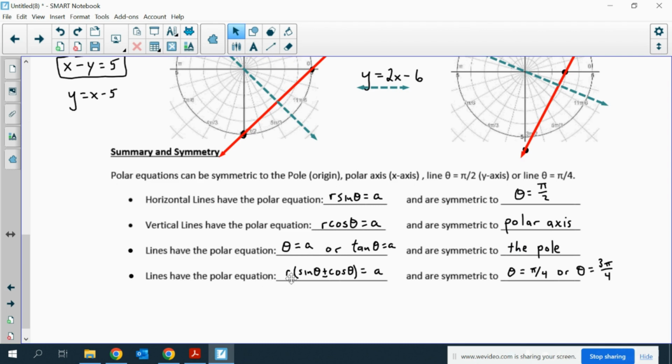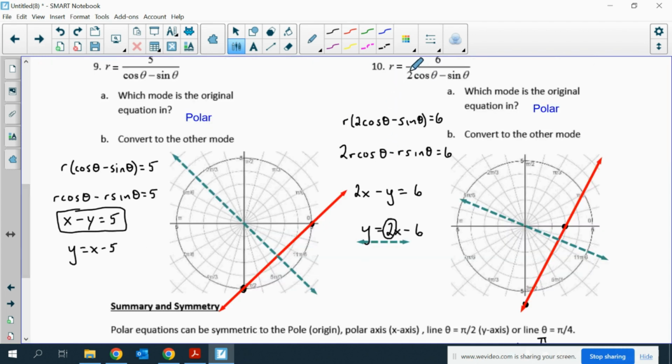And then lines that have the equation r times sine theta plus or minus cosine theta, or y plus or minus x equals a number, they're symmetric to either theta equals pi fourths or 3 pi fourths. Now notice when you have a multiplier here like this, they're no longer symmetric to one of those two.